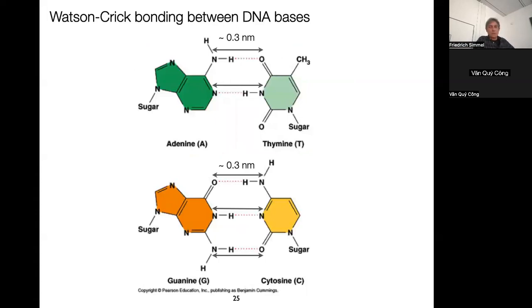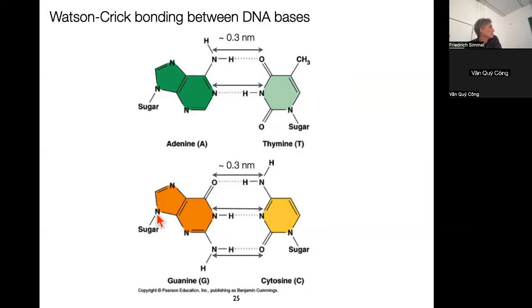So a few more remarks maybe on the stability of the helix. One thing that is important about the AT and the GC base pairs is that the distances within these base pairs are actually the same. That means that the distance from here to here is about 0.3 nanometers, but also the distance from this point to this point is the same.